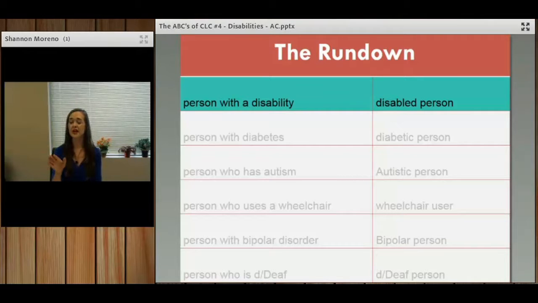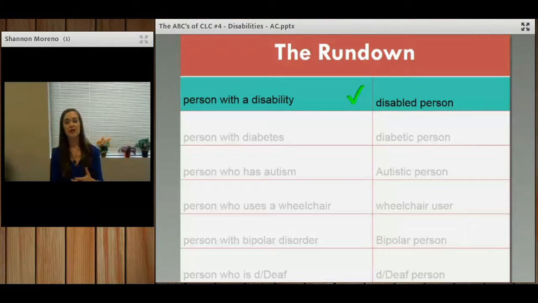So person-first language is on the left side of the screen there. Identity-first language is on the right side. I would recommend in general in your materials or when you're talking that you err on the side of person-first language when you're talking about really at large.